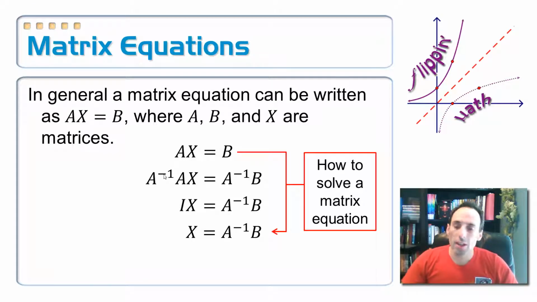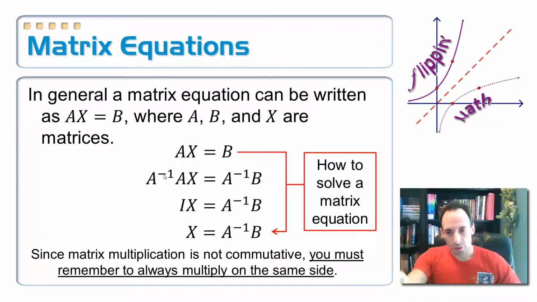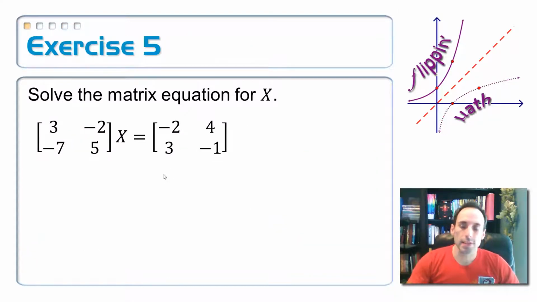On the right-hand side, the matrix multiplication may not even make sense. Since matrix multiplication is not commutative, you always have to remember to multiply on the same side of the equation.